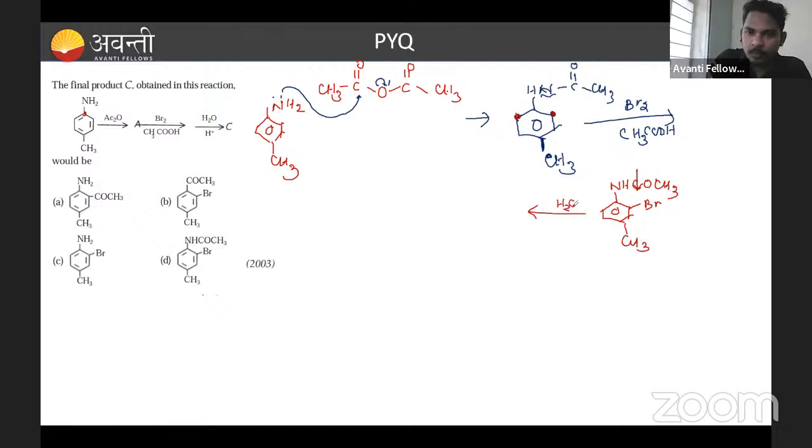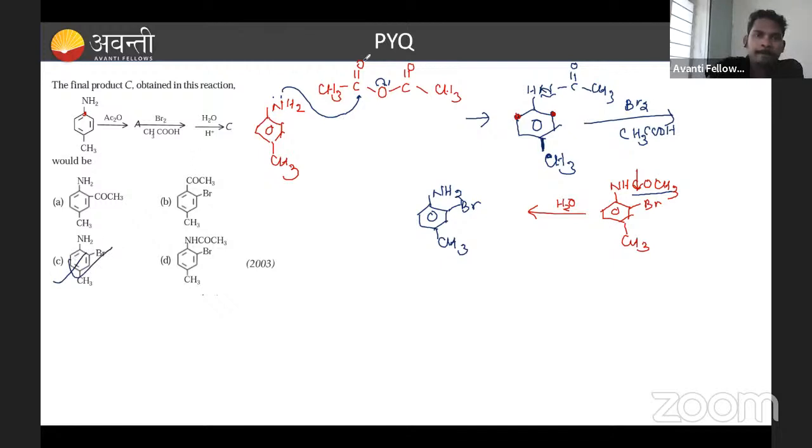So what will happen? We have taken this one, it will remove, and we'll have this one, NH2, this is bromine, and this is CH3. Which is the correct answer then? The correct answer is this one.